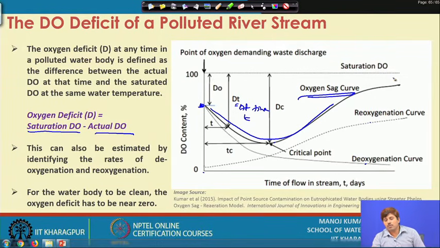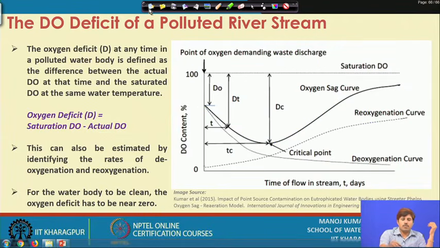So, a good dissolved oxygen level in the water indicates that there is not much dissolved organic impurities or dissolved organic carbon present in the water, and that gives an indication that the water or the river is in a good state, or is not very much polluted, because if there is too much organic pollution, it will consume the dissolved oxygen and the DO level will fall.